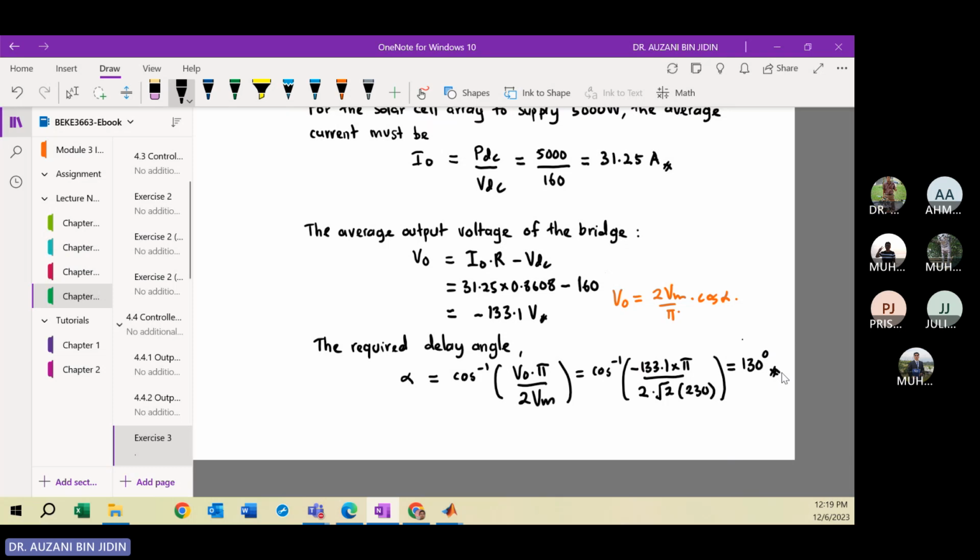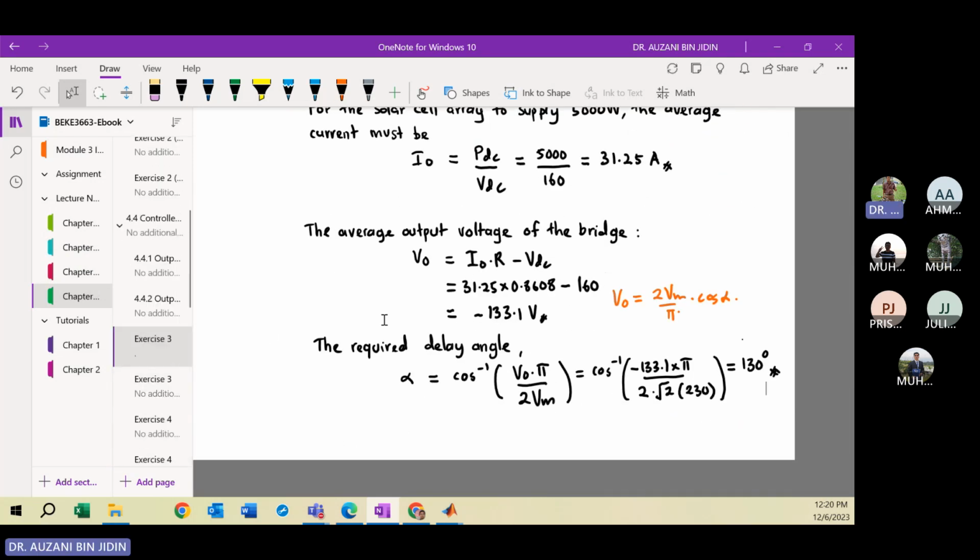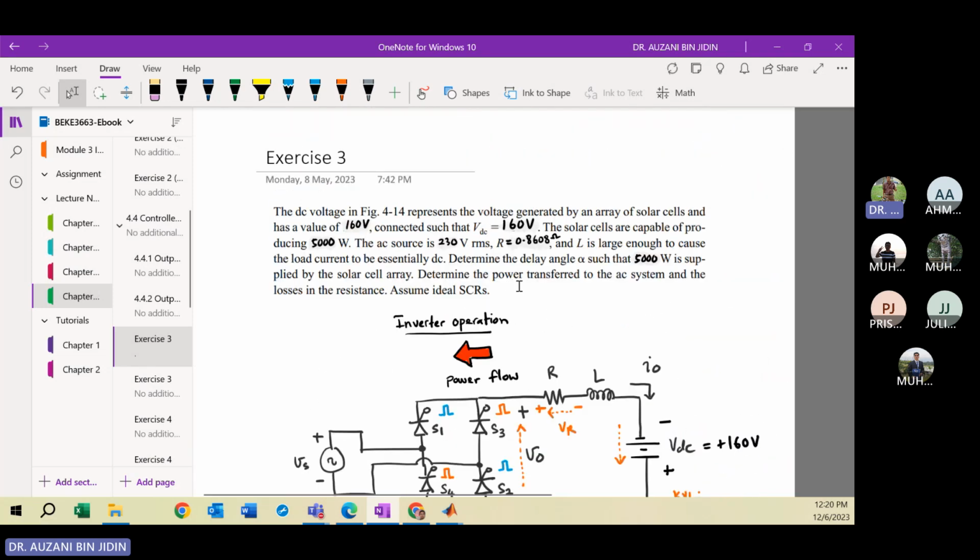Okay, double check. Because your converter operates in inverting mode, your alpha must be larger than 90 degrees, in the range between 90 and 180 degrees. So the angle 130 is fine. So part 1 is solved, because in this part you needed to calculate alpha.